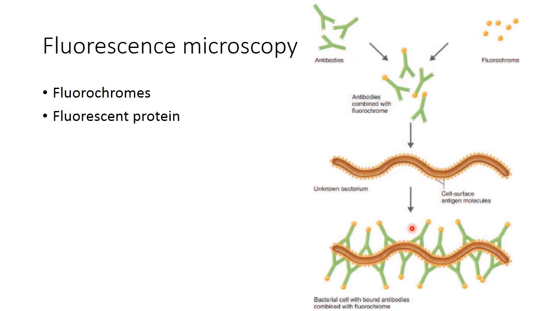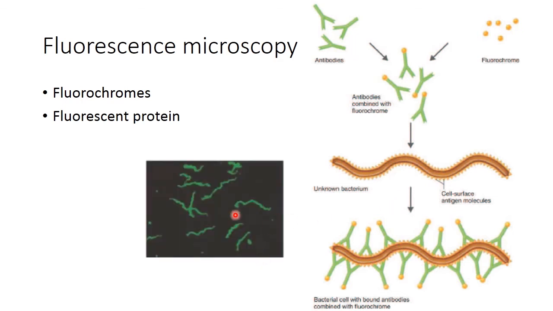If the target bacteria do not contain the appropriate antigen, then these antibodies will not bind. So in this manner, we can use antibodies which are conjugated to a fluorochrome, and we can specifically label different parts of the specimen.